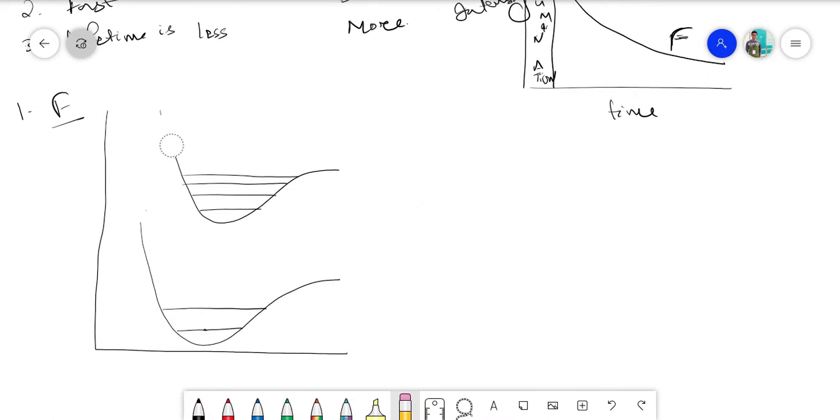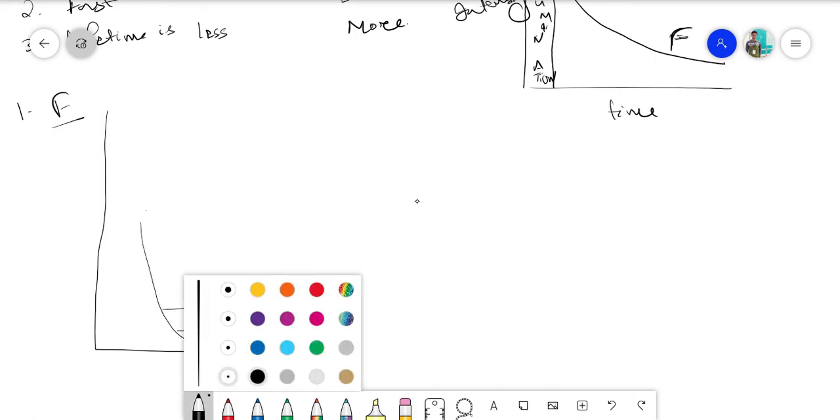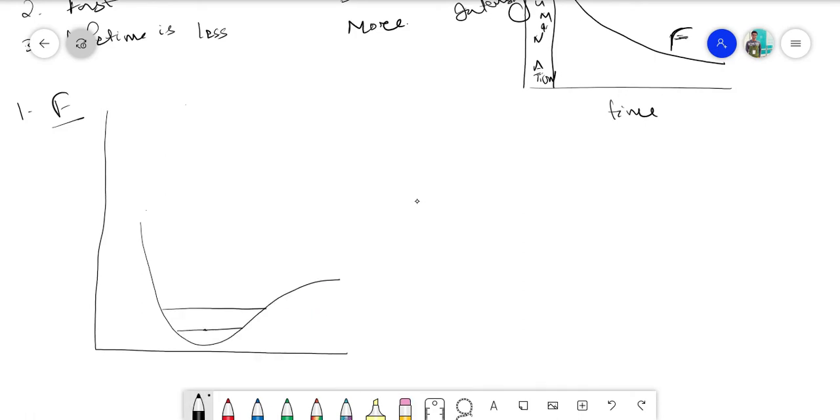Cannot waste much time and redraw this. Let's say the transition is occurring to here, and then from here it can come down.